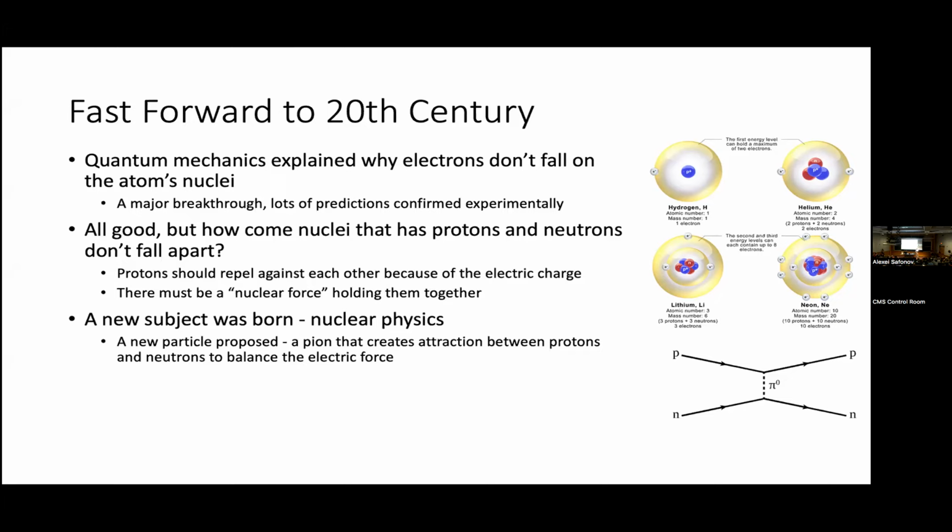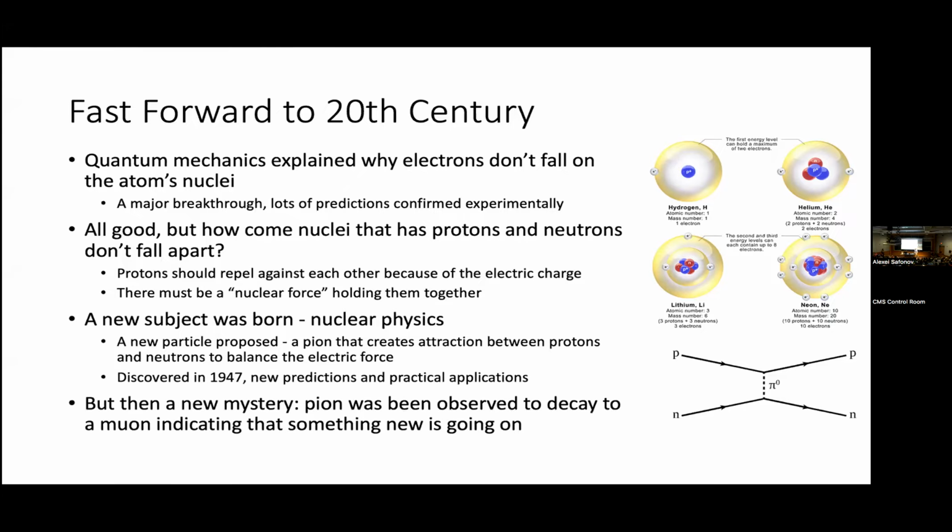If you go a little bit deeper, that's nuclear physics. Nuclear physics studies what happens inside the nuclei. And they proposed a new particle at that time, the beginning of the 20th century, called a pion. The idea was that this pion will somehow attract protons and balance these electric forces that are trying to pull the whole thing apart.